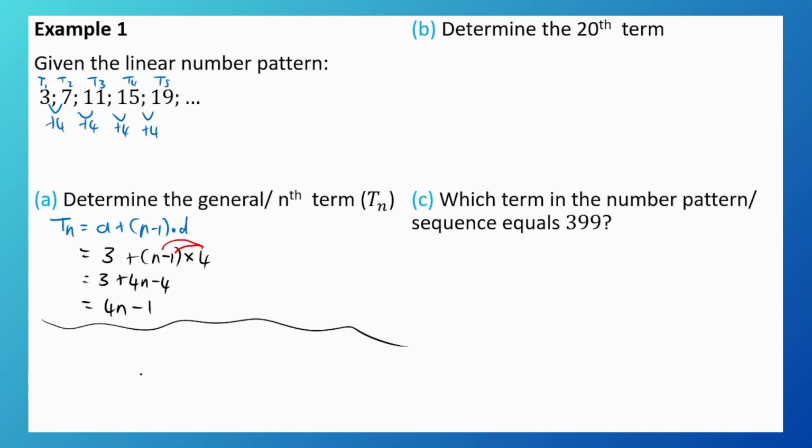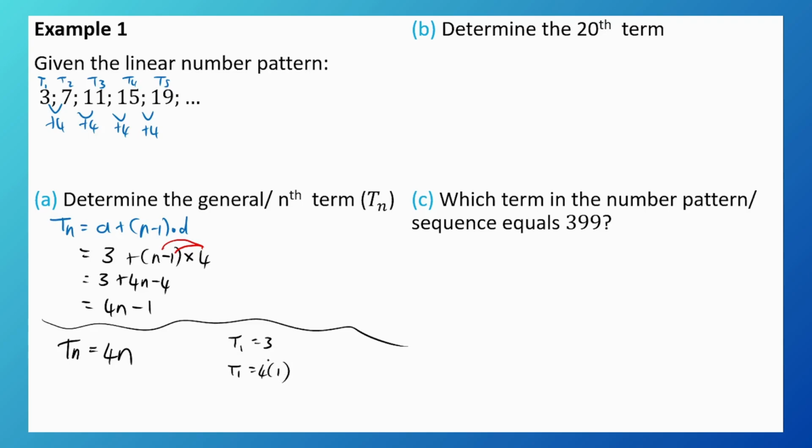That's the one way. The other way is you straight away know it's going to be 4n, which is your constant difference times n. Then you ask yourself, term 1 is equal to 3, right? But if you use this formula, you will have 4 times 1, which is 4, and you want 3.